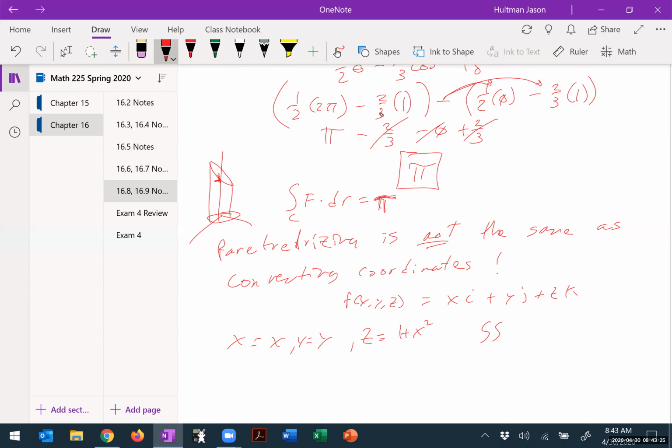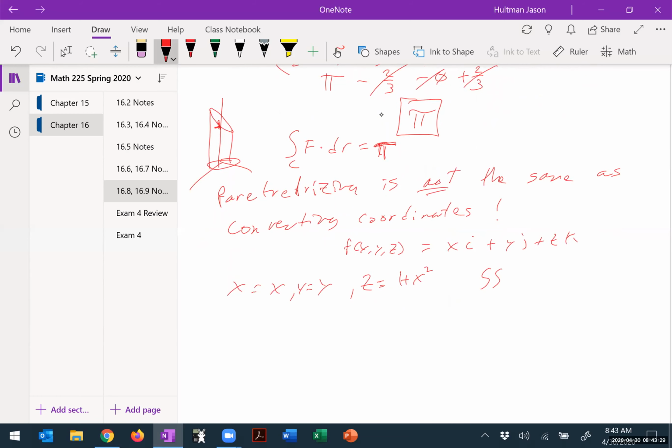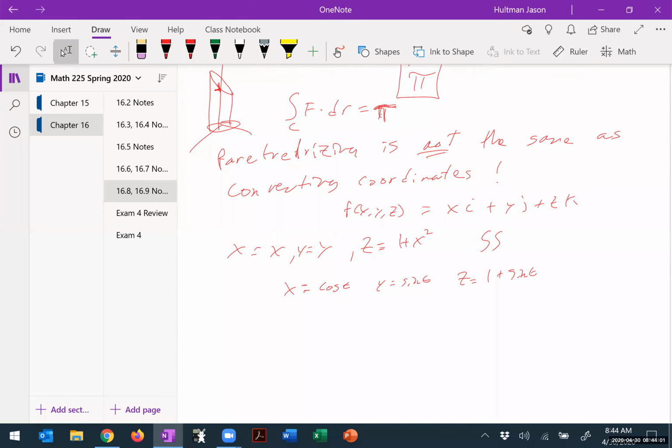So keep in mind that if you're changing parameters, even if you're saying that x is cosine theta, y is sine theta, and z equals 1 plus, I don't know, sine theta, however you're doing this, this is not the same as converting coordinates.